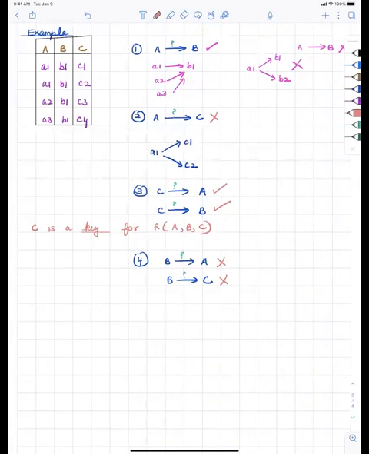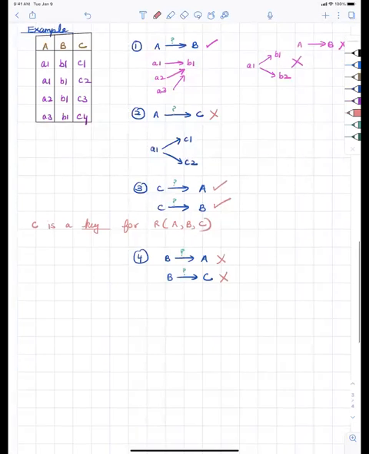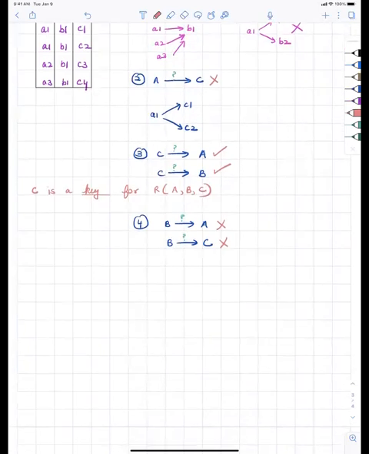Since we human beings find it very difficult to scan through tons of data, you write programs also to figure out whether they functionally determine or not. There are some simple rules which are useful for us also in trying to figure this out. So if you want to say, does A determine B?